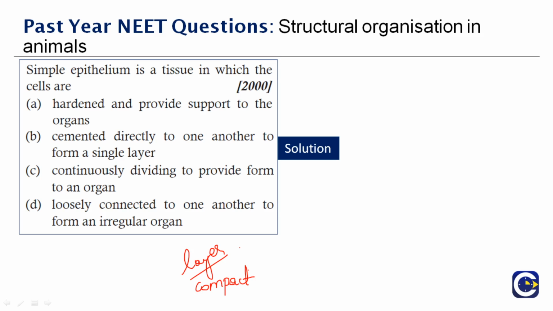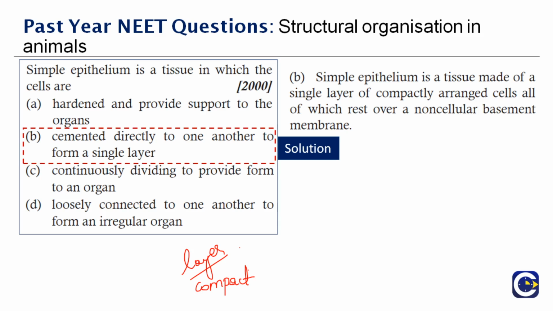So this is the initial start, but it has to be tightly, densely compact, packed in such a manner that it forms a proper layer. As soon as you get hurt, the first thing that scratches out from your body is your skin, right? If your skin is not tightly packed, then all the germs will go inside your body directly and might cause severe infections. That is why the overall single membrane layer, your epithelium, gets scratched out. Okay, so the correct answer to this question is option B.